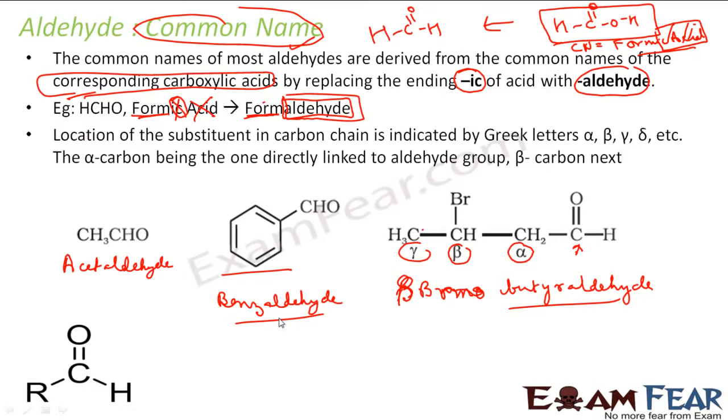So this is how you derive the common name. Generally, the common name of an aldehyde is derived from the corresponding carboxylic acid. You replace the IC of the acid with aldehyde. Correct? Acetic acid becomes acetaldehyde, formic acid becomes formaldehyde, benzoic acid becomes benzaldehyde.